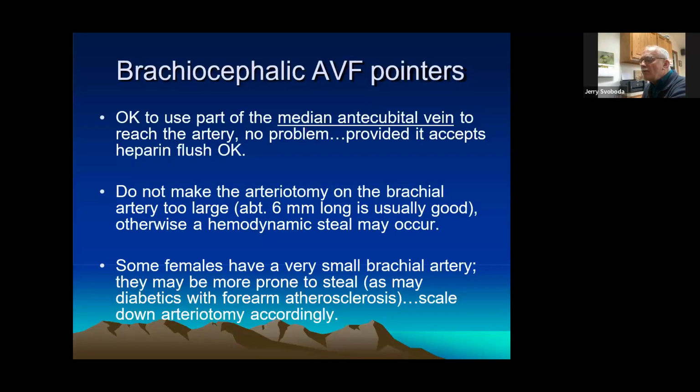Some females have a very small brachial artery and may be more prone to a steal, S-T-E-A-L. A hemodynamic steal means not enough blood going to the fingers because too much is going through the fistula. So if you have a very small brachial artery in a small female, you may have to make your arteriotomy as small as 4 millimeters in some cases.